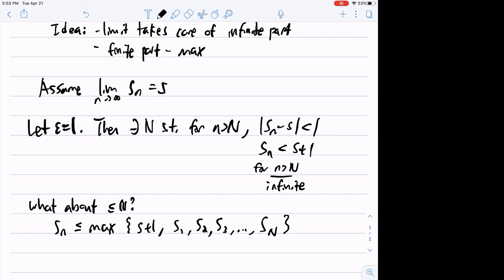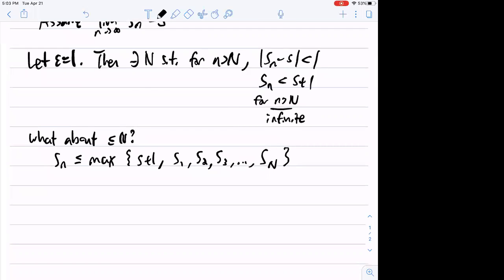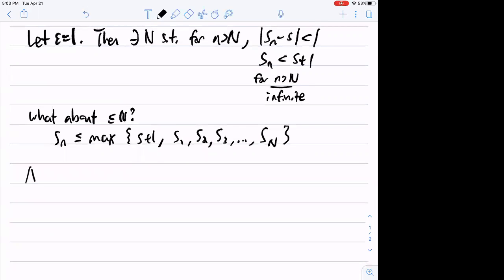Okay, let's continue. Obviously all your regular limit theorems hold. So for k in R, if Sn goes to s, then k Sn goes to ks.